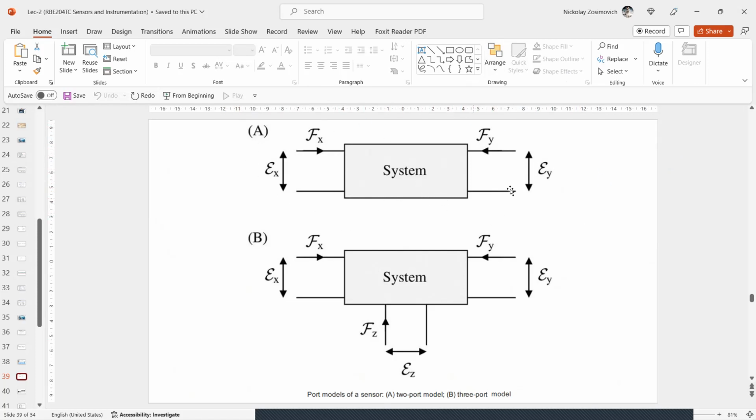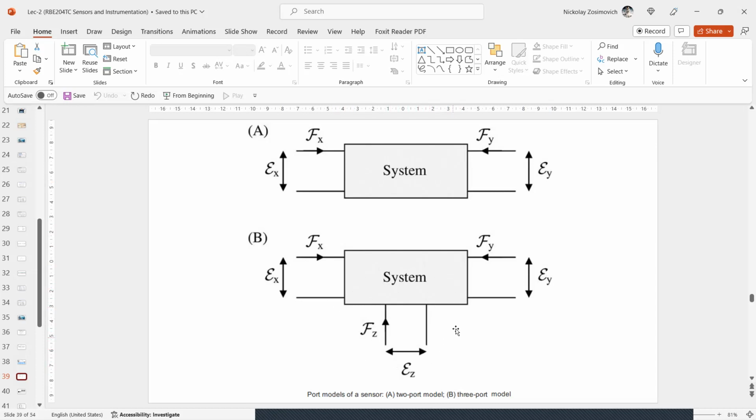The input port is connected to the measurand, and the output port with the electrical connection of the sensor. Likewise, a modulating sensor can be conceived as a system with three ports: an input port, an output port, and the port through which the auxiliary energy is supplied.